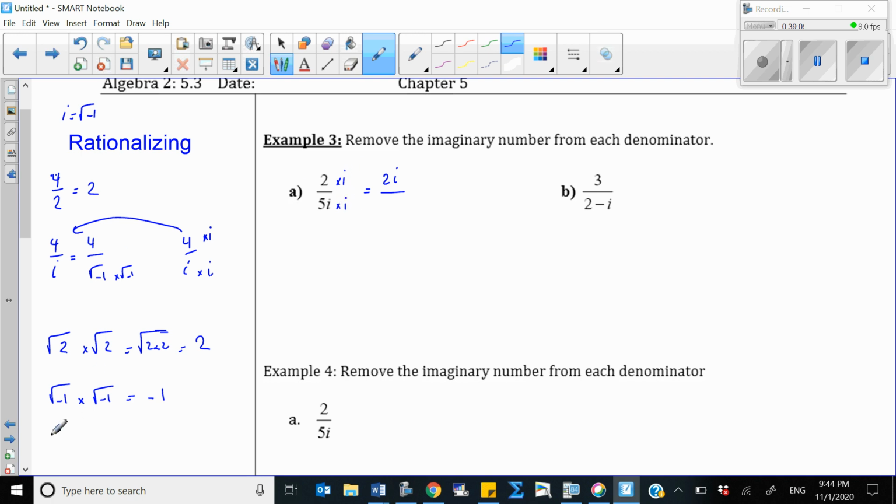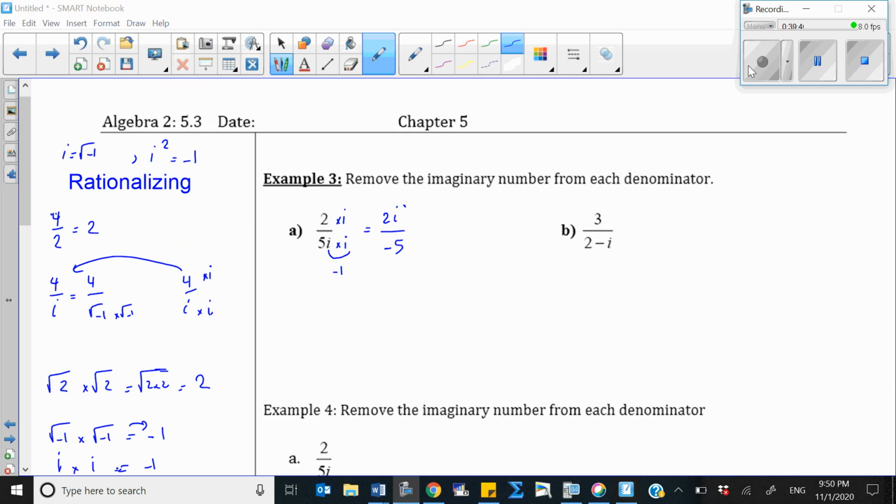We know that i is radical negative 1, so i times i is negative 1. So i times i is negative 1, or I can also say i squared is equal to negative 1. So the denominator is 5 times negative 1, which is negative 5. So that's how we remove the imaginary number from the denominator.